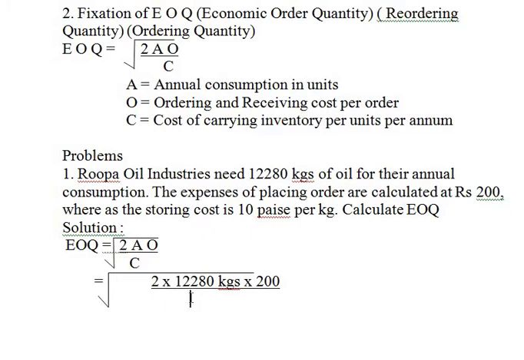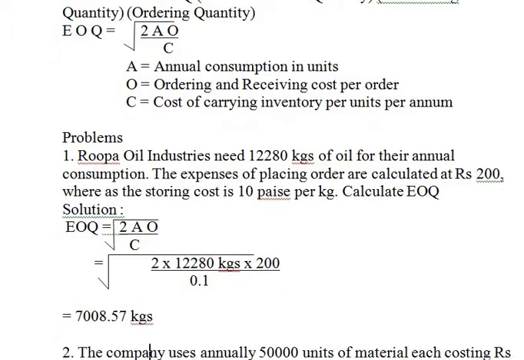They have given it in paise. We need to calculate it in rupees. So how can you convert it? 10 paise divided by 100. So you will get 0.1. Understanding? Now calculate this, and that will be 7,008.57 kgs. Hope everybody has understood this problem.